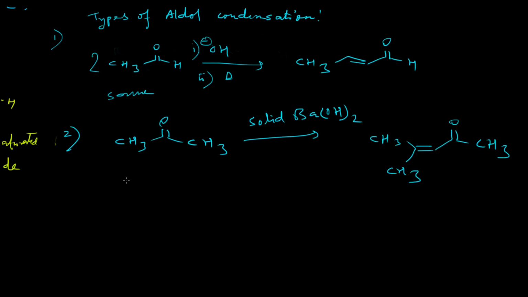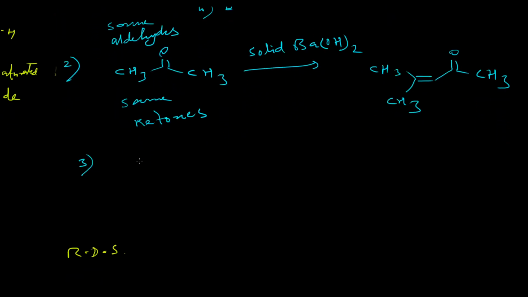So here what is happening? Two molecules of ketones are actually reacting with each other and forming the alpha beta unsaturated ketone. So in the first case, same aldehydes were reacting with each other. In this case, same ketones are reacting with each other.